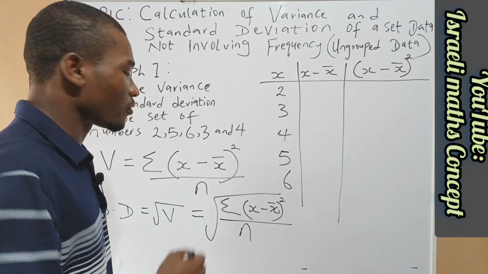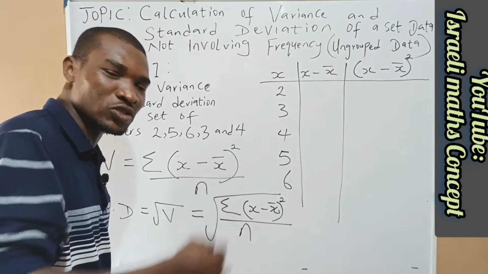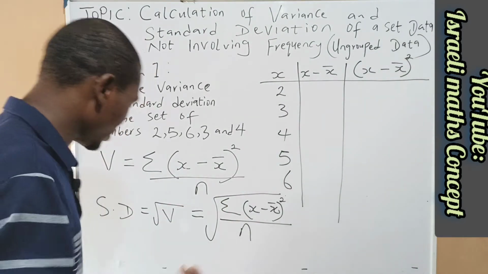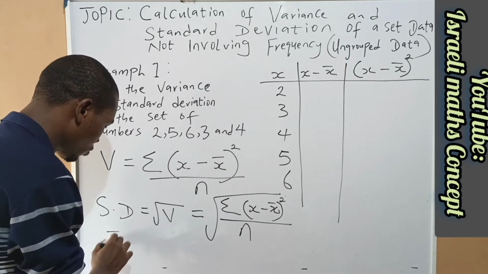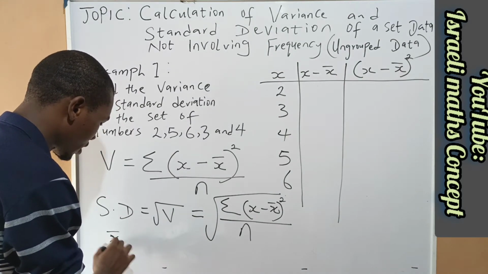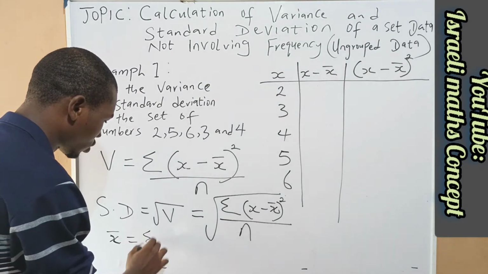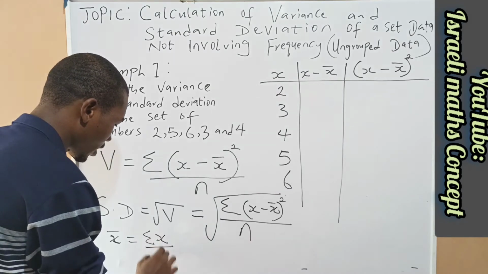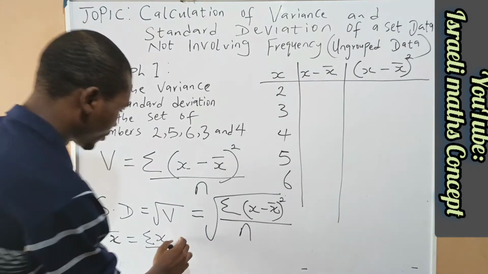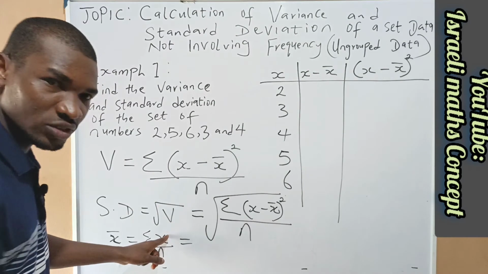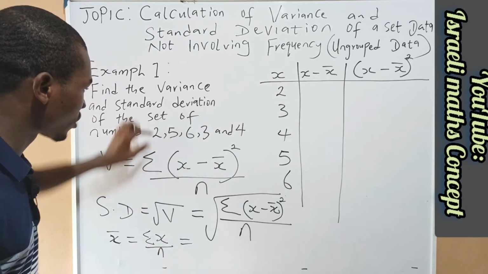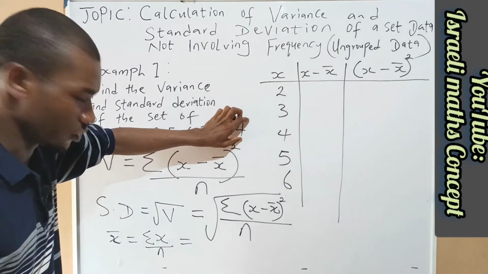Remember that the mean of a given set of data that does not involve frequency is given as mean, which is bar x, and that is equal to summation of x all over n. What is the meaning of summation of x? Summation of x means to sum all the values of your scores.